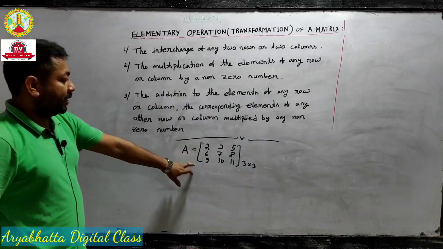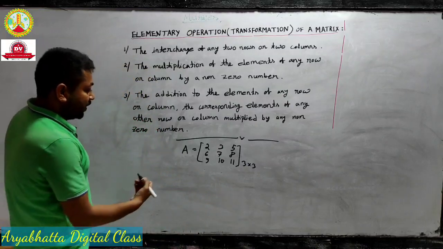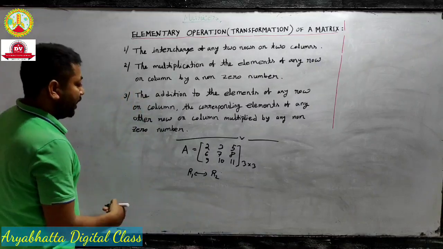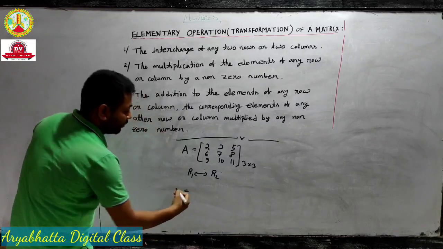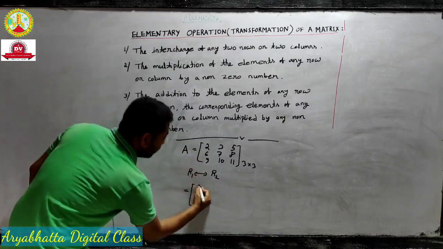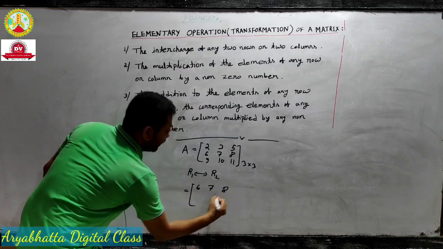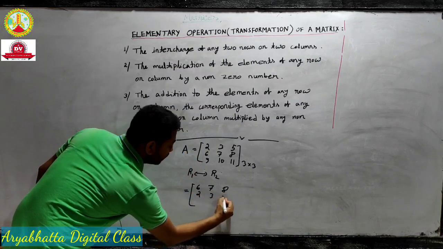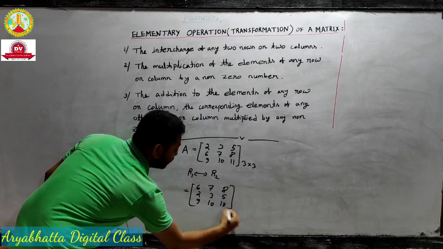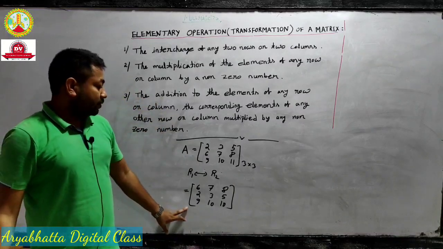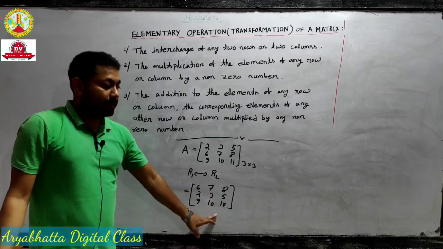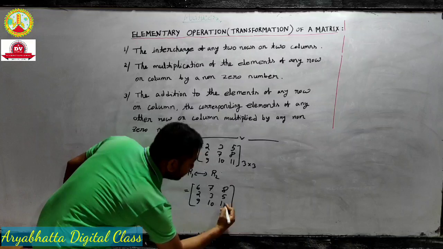If we apply R1 interchange to R2, then the resultant matrix will be 6, 7, 8, 2, 3, 5, R3 does not change. Therefore, the resultant matrix will be 6, 7, 8, 2, 3, 5, 9, 10, 11.